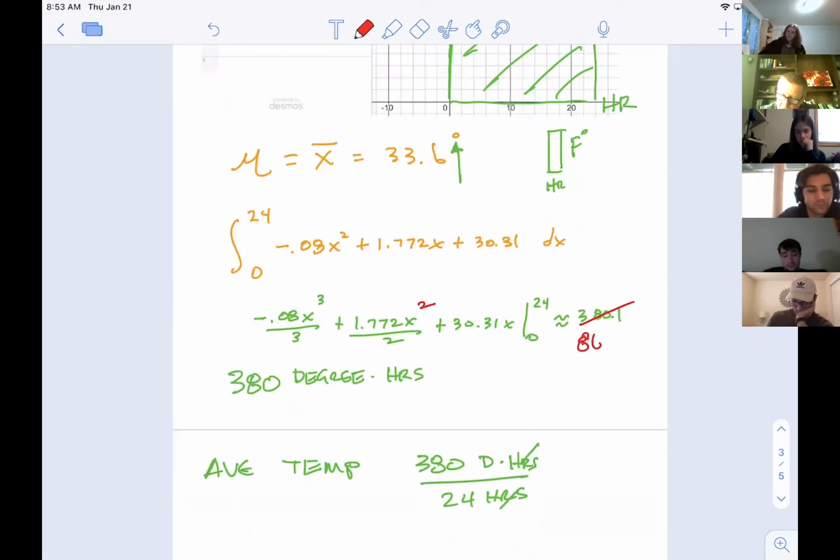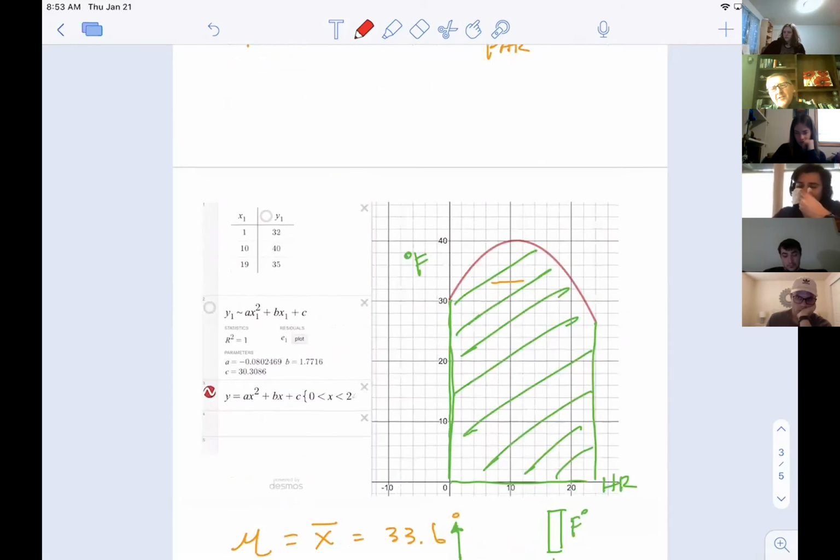But one of the things I want you to notice is the only reason I caught my mistake is I took the trouble to look at the graph, and I'm always making sense of what I'm trying to do. The very fact that I stopped and said, I wonder what the average temperature is, and I took a guess at it, I was thinking, is the only reason I had a shot at figuring out what I did wrong.